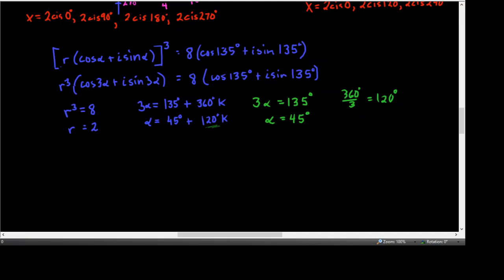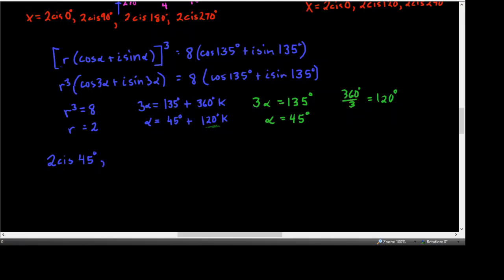So, at any rate, what that means is that one of our roots would be 2 cis 45 degrees.